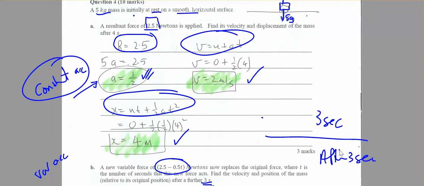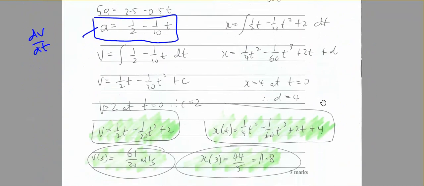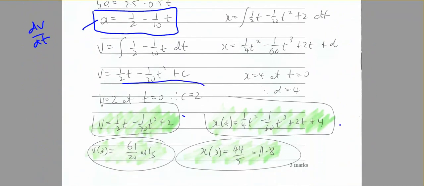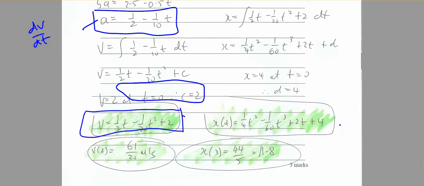And I know that after 3 seconds, my velocity is 2. So I'm going to use 2 at t equals 0 to get this is my velocity, and I can put 3 into that and get 61/20 as being the velocity after a further 3 seconds. Then I can anti-differentiate this again.